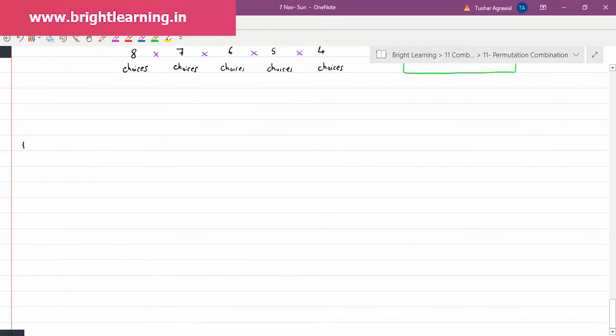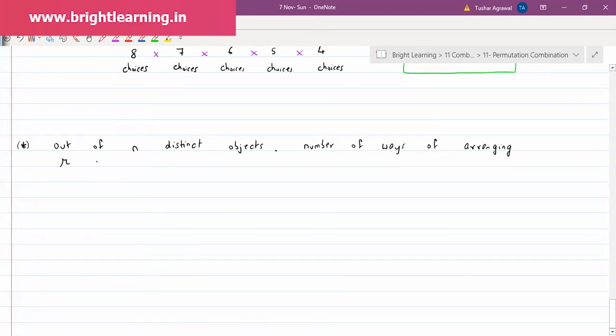Now, out of this, the generalized result. Out of n distinct objects, repetitions will go afterwards. Out of n distinct objects, the number of ways of arranging r objects without repetition.